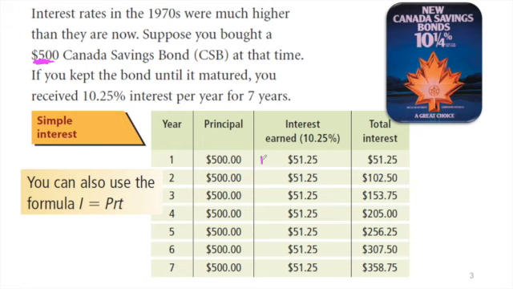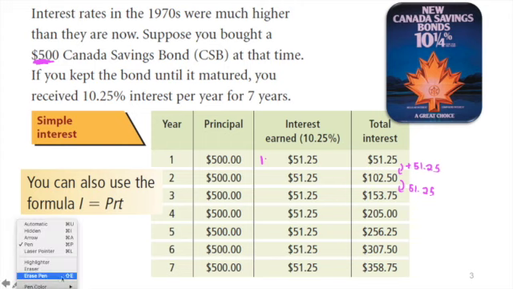So you're just going to add these two together, which would give you your total amount, or you're just going to look at your total interest and you're going to add 51.25, add another 51.25, and it's going to keep going up from there. So at the end of those 7 years, you are going to have made $358.75 of interest.